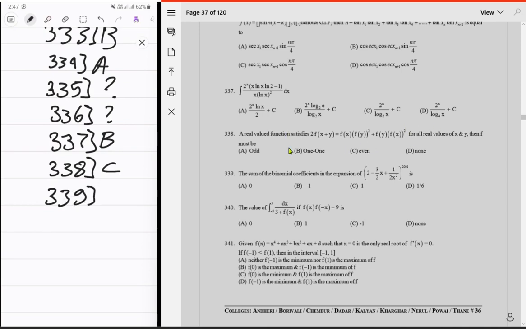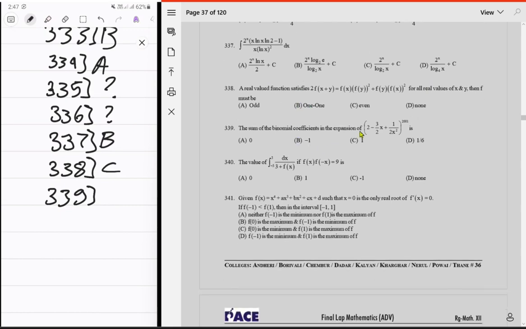Right. Is f one-one? No. Is f odd? No. Even. Next, the sum of the binomial coefficients in the expansion of this thing, but how do we expand it? There are 3 terms in it. What do you mean the binomial coefficients? They would be multinomial coefficients. Whatever expansion you represent it with, if we just put x equal to 1, wait, coefficients.